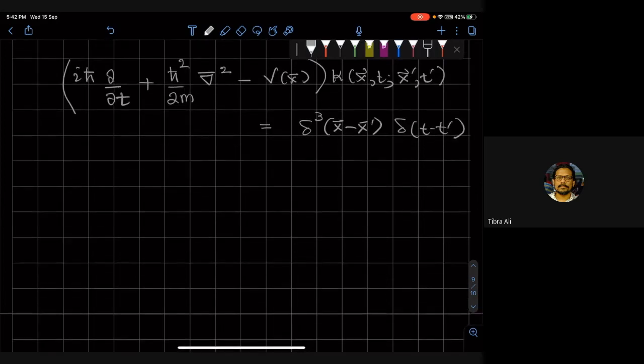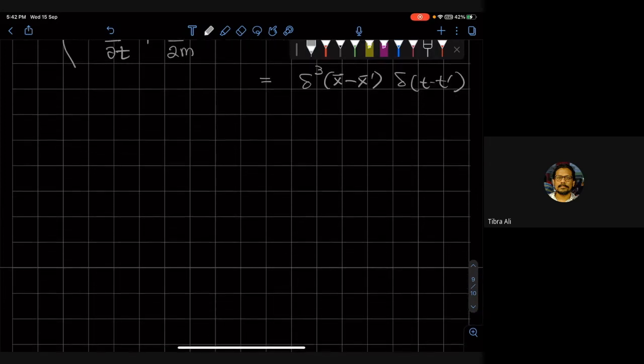So let's take K and make a Fourier transform, okay? So we're going to do a 4-dimensional Fourier transform. So we'll have dE and d cubed p.